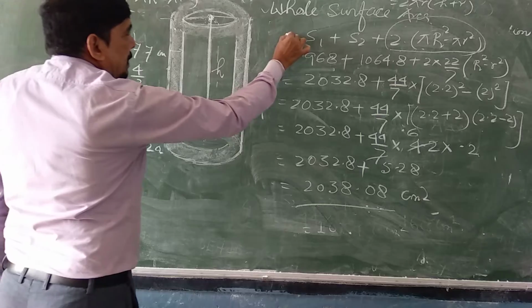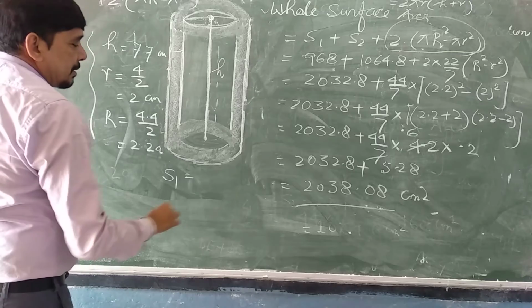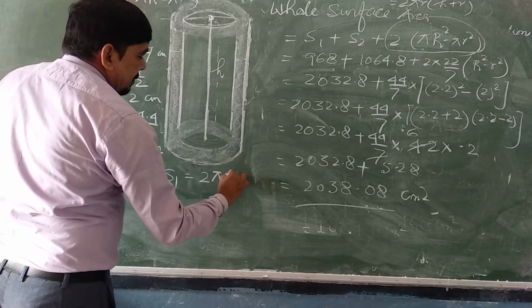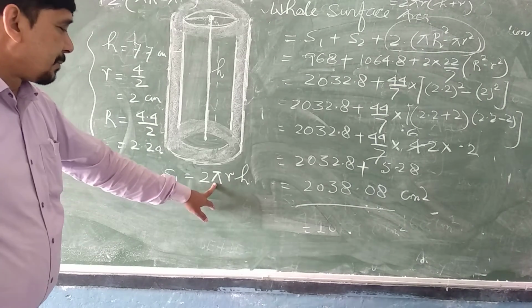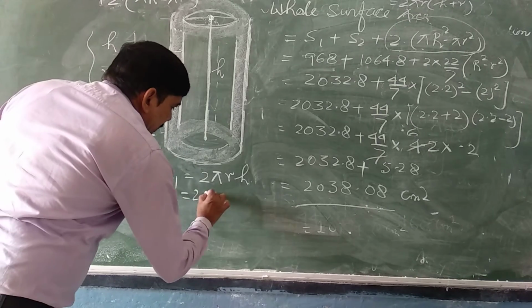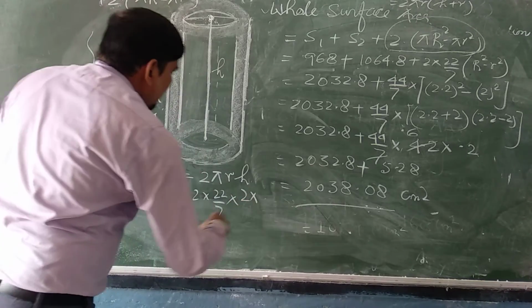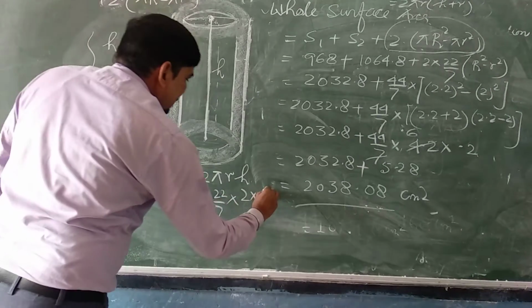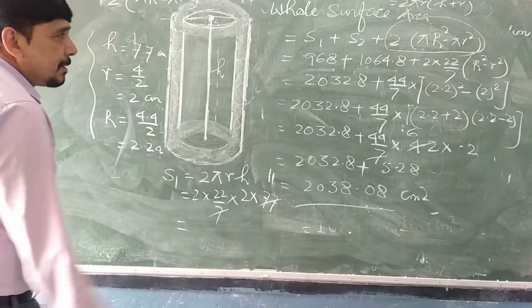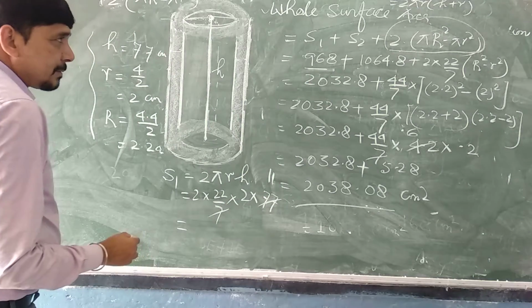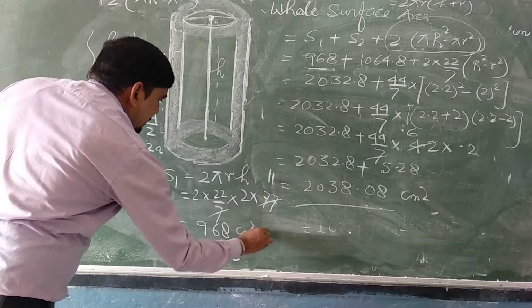Suppose the inner curved surface area is denoted by S1. Now we have to find 2 pi small r into h. Put the value of pi: 2 into 22 by 7 into small radius 2 into height 77. Now solve it. We get the answer 968 centimeter square.